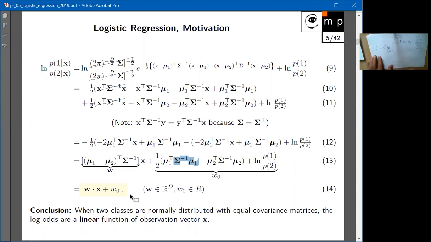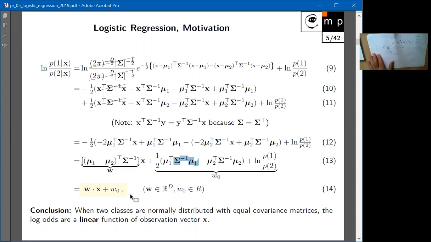So instead of estimating all of that, getting p1x, p2x, and from that making a classifier, I can go directly and estimate the w and w0. So this is d numbers and 1 number.